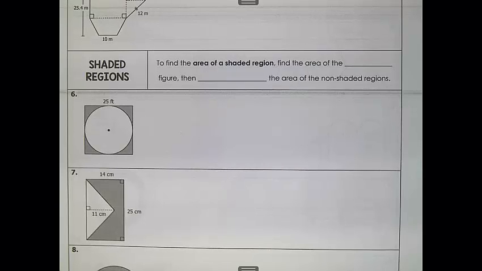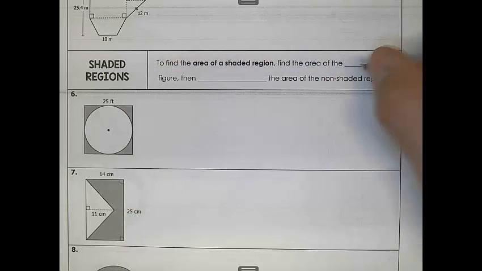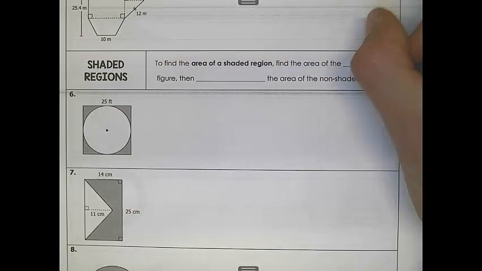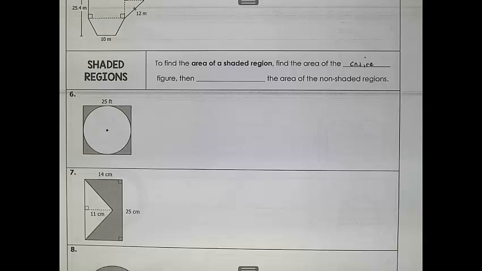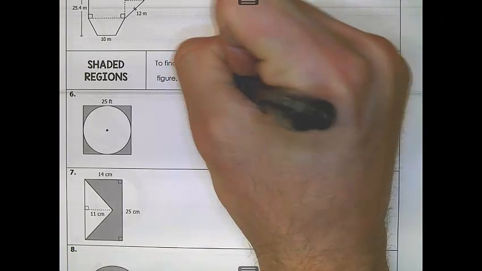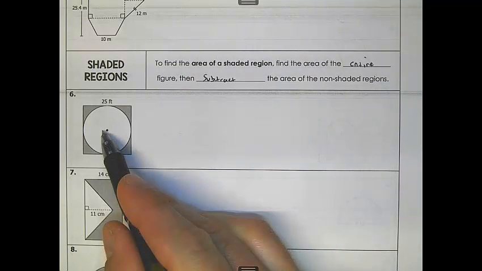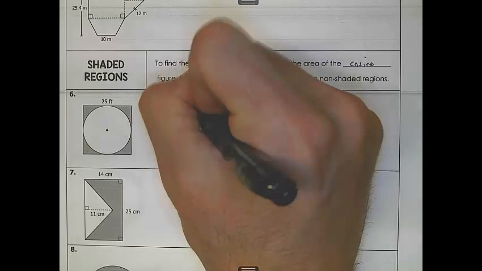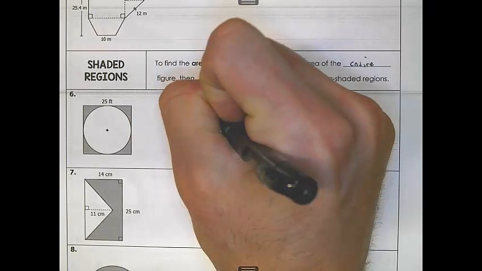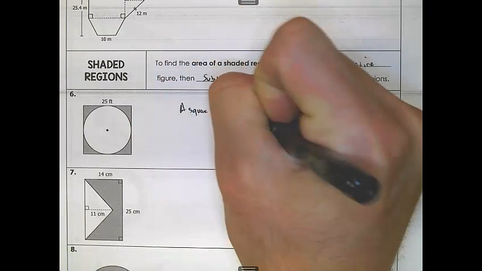And I almost forgot, we are going to do the area of shaded regions as well. So for the area of a shaded region, you find the area of the entire figure, and then you can subtract the area of the non-shaded region. Okay, so for example, the first one, we have a square and then subtract a circle. So you have area of the square minus area of the circle.